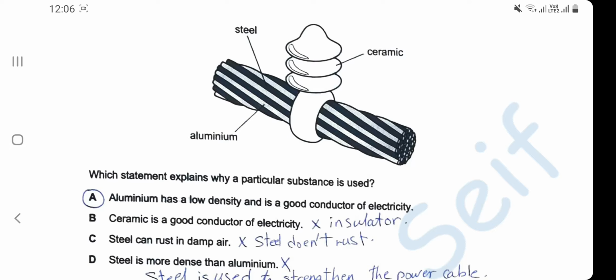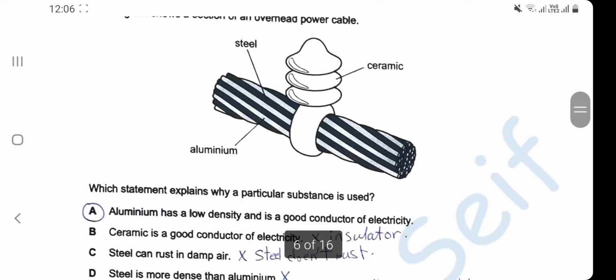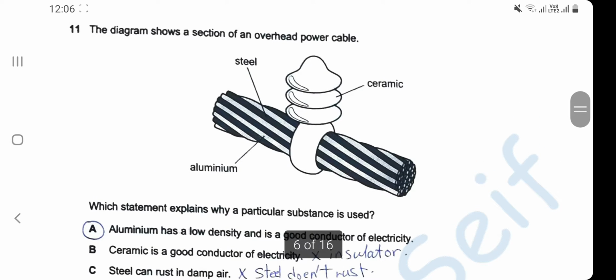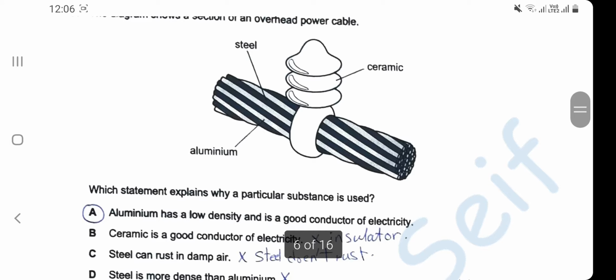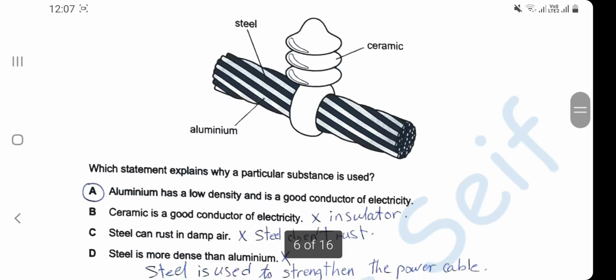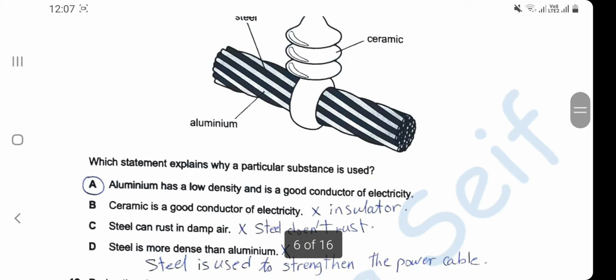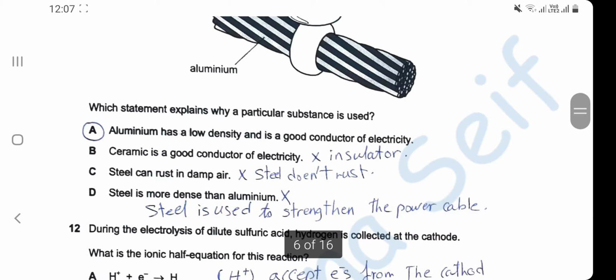The steel is used to strengthen the aluminium core. These are the functions of each of these elements: ceramic, steel, and aluminium.